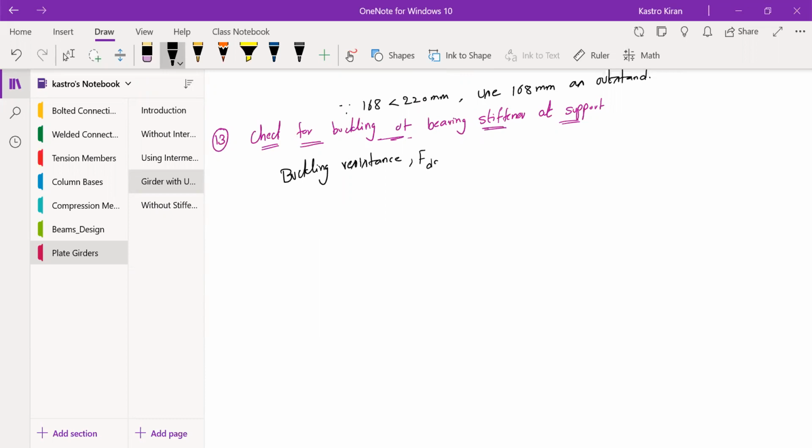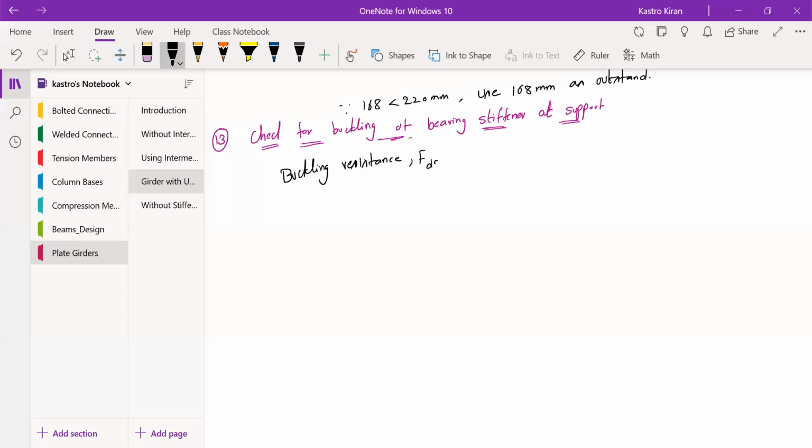Before finding that, let me draw the diagram to simplify the process. This diagram is mandatory in your exam also. This is the web portion. I'm just drawing the web with stiffeners.